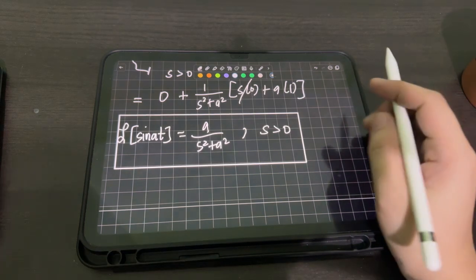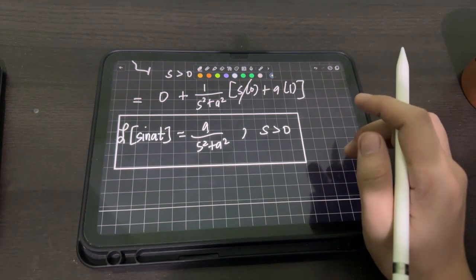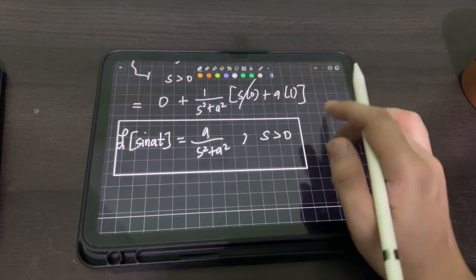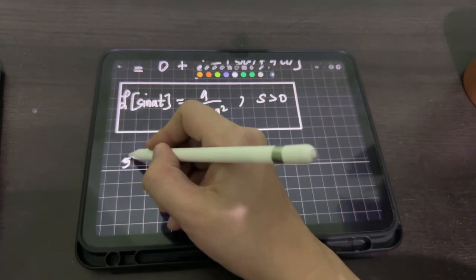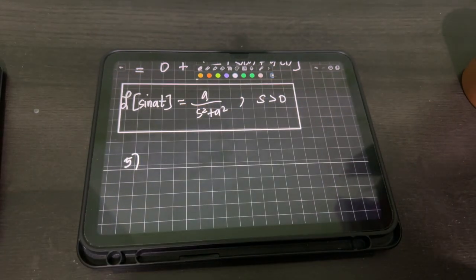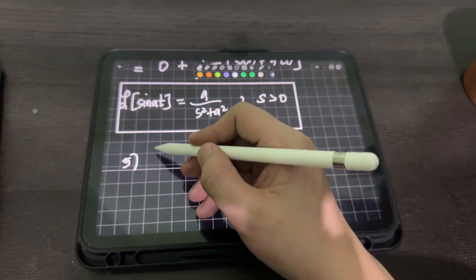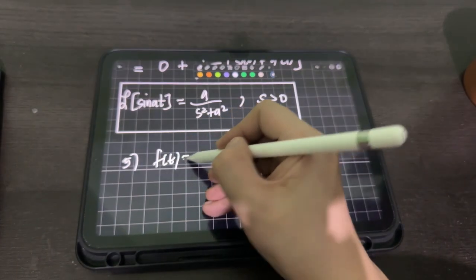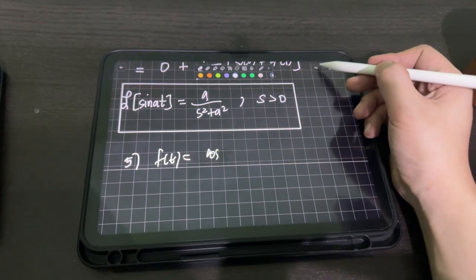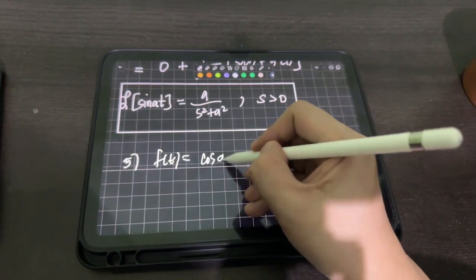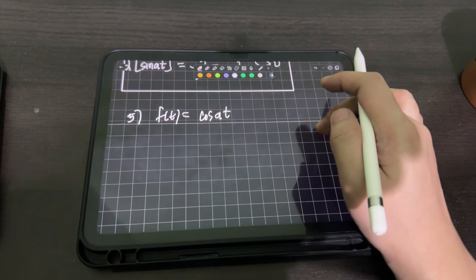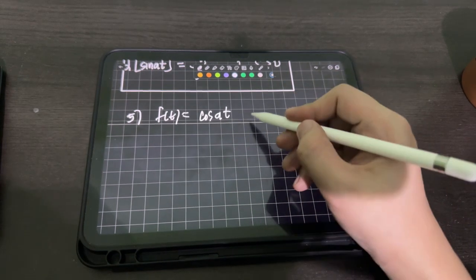Okay, next. Problem number 5. For problem number 5, if we have sine at, we should also have cosine at. So let's derive the Laplace transform for cosine at.